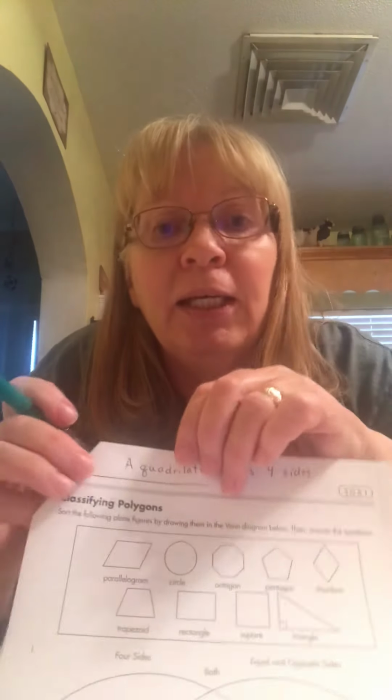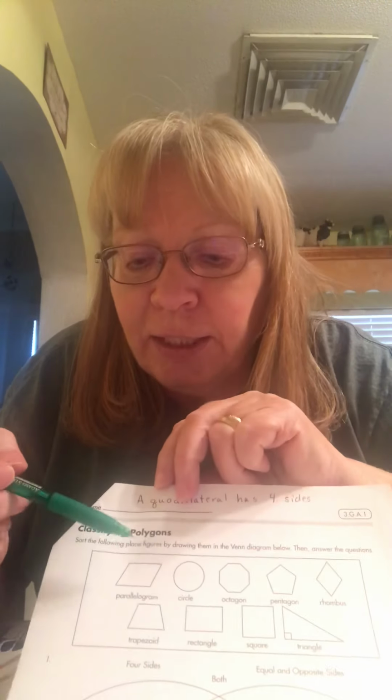Parallel means two lines that are the same exact distance from each other all the way down. Just like if you think about a railroad track, now, I don't know if they're exact, but they should be, and that's what parallel lines look like. So a parallelogram is a figure that has lines that are parallel. They're the same distance all the way from the beginning to the end.